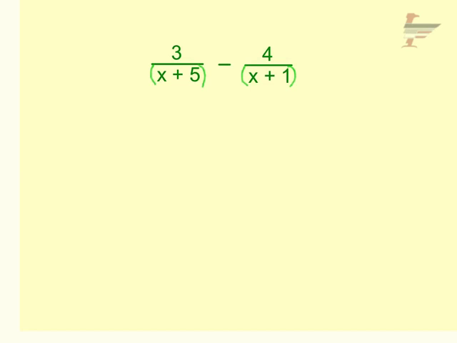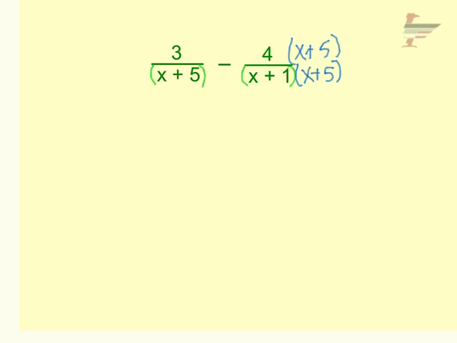So when we go to create a common denominator, we have an x plus 5 in the fraction on the left, which means on the right we need an x plus 5 on the top and on the bottom. So now both fractions have an x plus 5 in the denominator. Are they common yet?